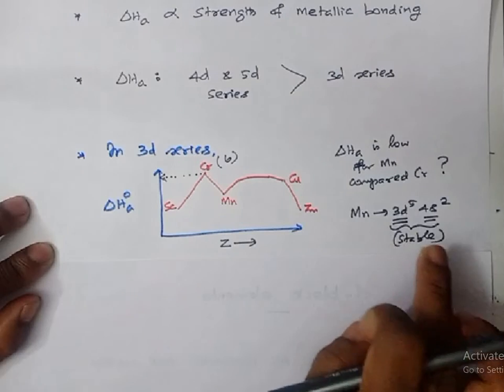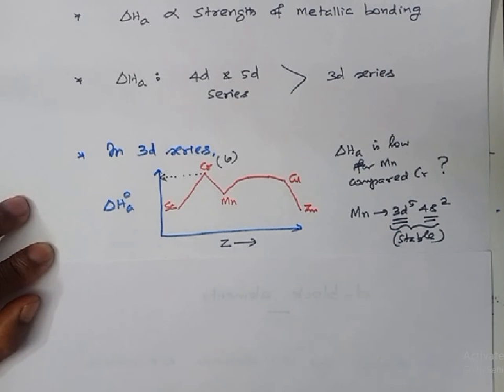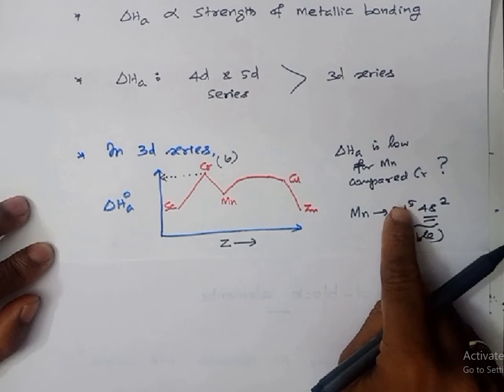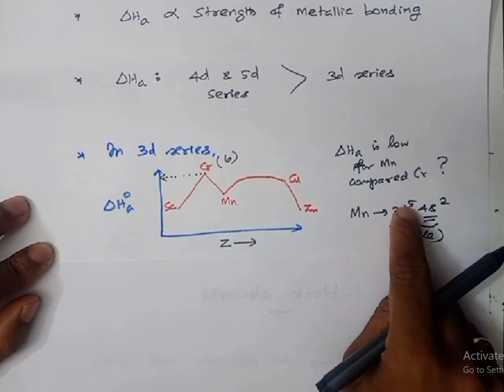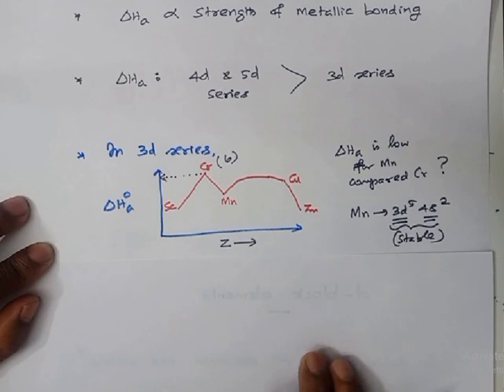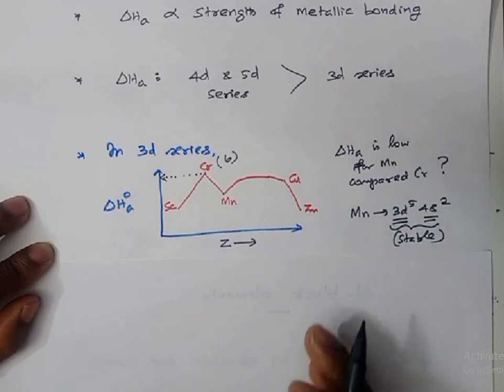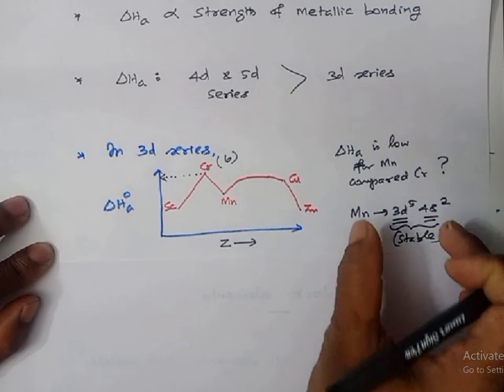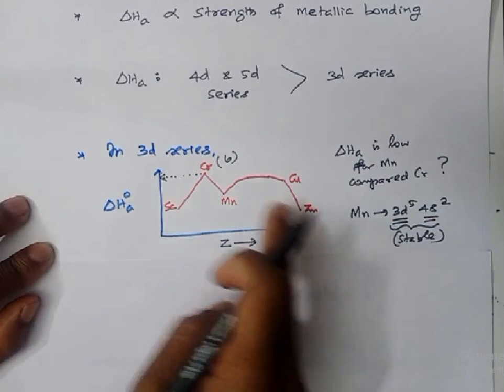What is the reason? They have stable electronic configuration. Due to stable electronic configuration, the involvement of electrons in metallic bonding is less. Therefore, metallic bonding is somewhat weak compared to chromium.